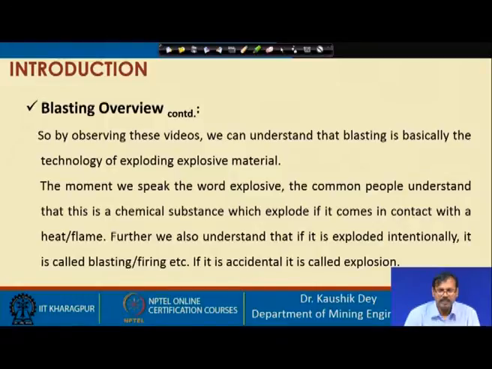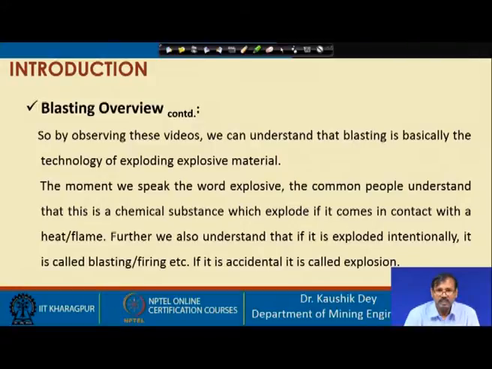Basically, the moment we utter the term explosive, people become very sensitive on hearing it. The reason is that an explosive is a small quantity of chemical in which a huge quantity of energy is stored, and the most problematic part is that when this energy is released, it is released almost instantaneously.